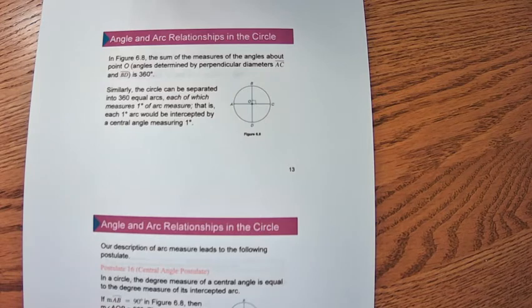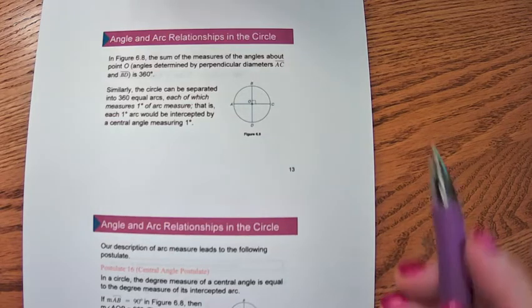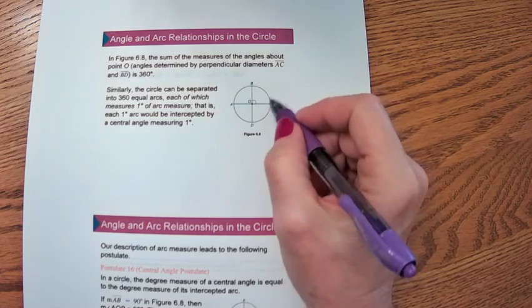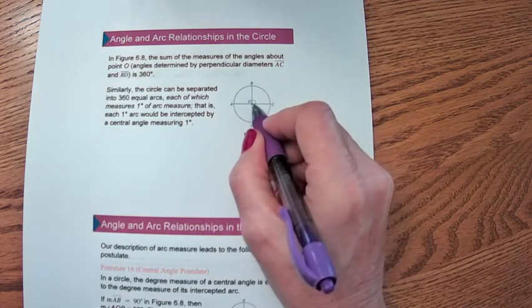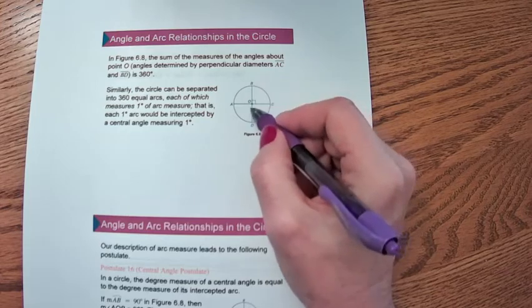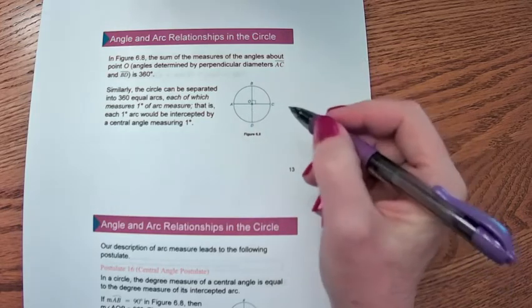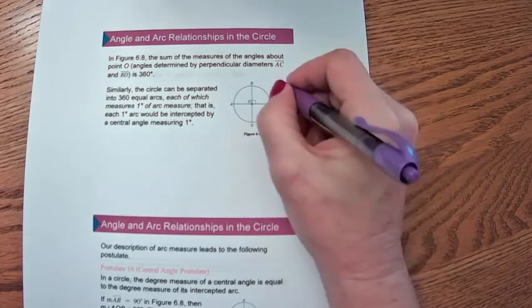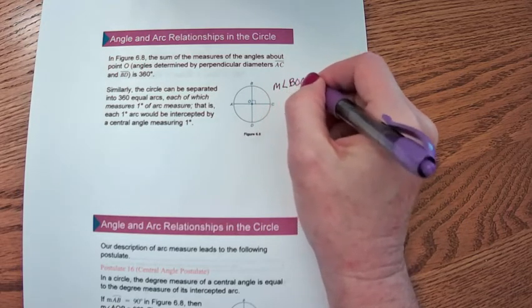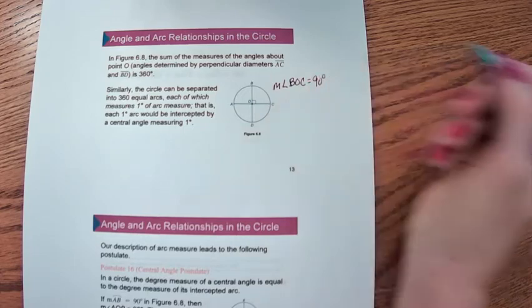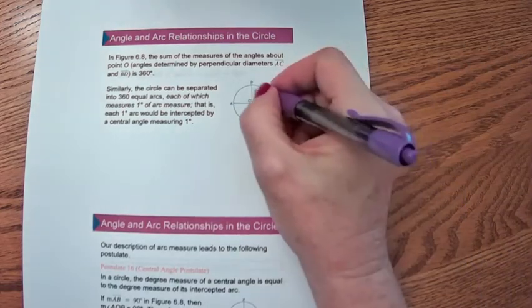So now let's talk about the sum of the measures. Most people know that circles contain 360 degrees. So central angle BOC is a 90-degree angle. So I would say the measure of angle BOC is 90 degrees.